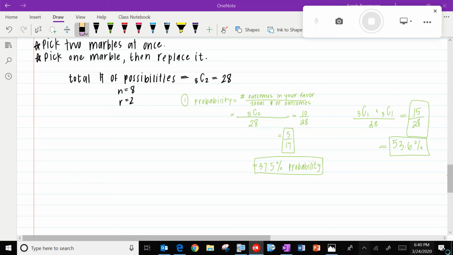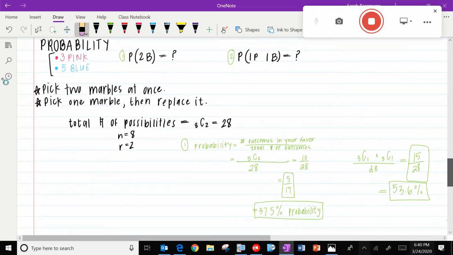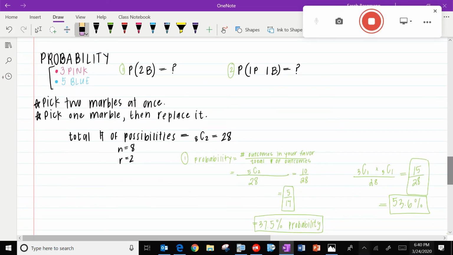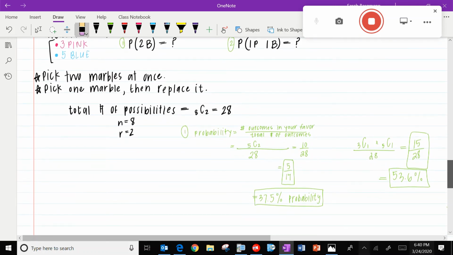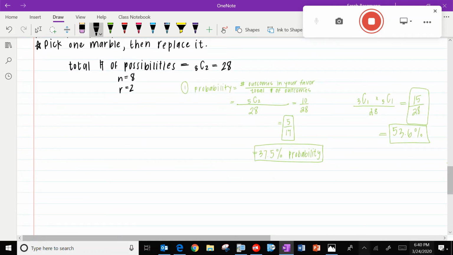Okay, let's finish up this other situation. You're picking one marble, then you're replacing it. So first things first, we need to figure out the total number of possibilities. I would treat this as a counting principle problem. Event 1 is picking the first marble.